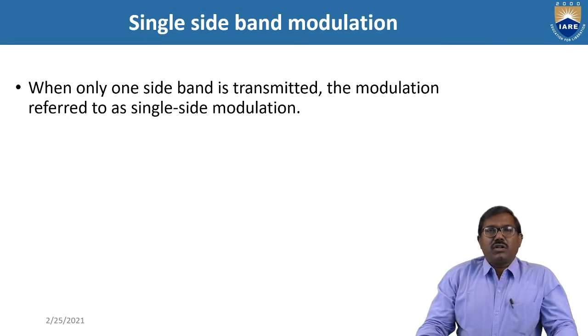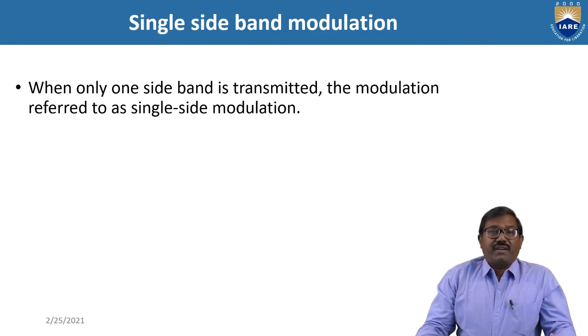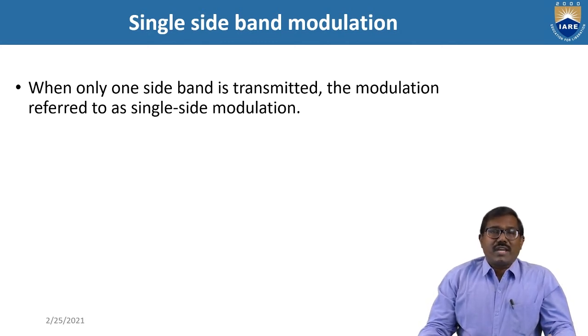Why? Because both the sidebands have equal symmetry about the carrier frequency fc, so both carry the same information. It is a wastage of transmission bandwidth, so we eliminate one sideband.